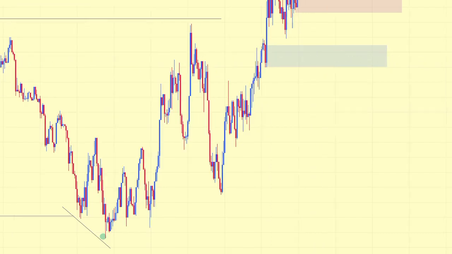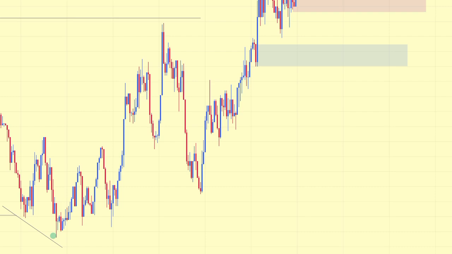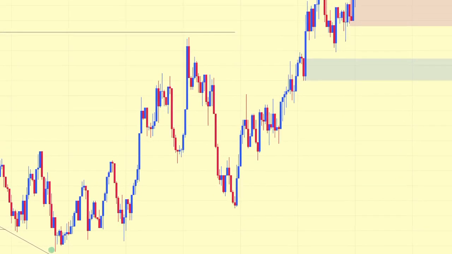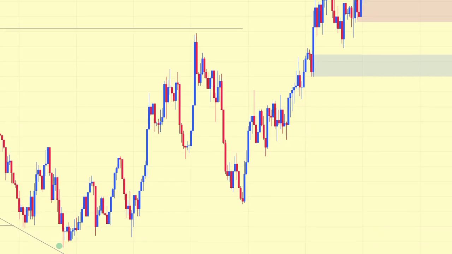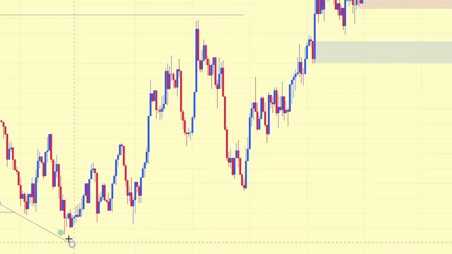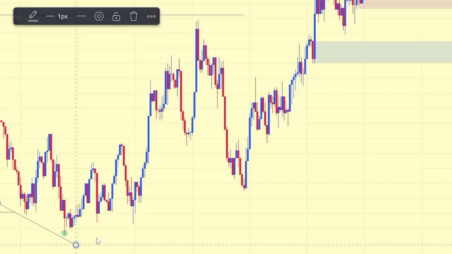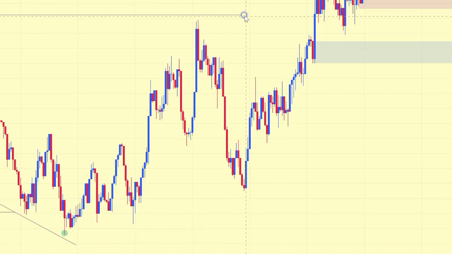That's the order block that caused the break of structure. You can zoom so that you guys can clearly see what I'm actually saying. You can clearly see that this is a swing point, the low, and this is the break exactly right here. That's the break of structure, and the order block that caused the break of structure is this one here.